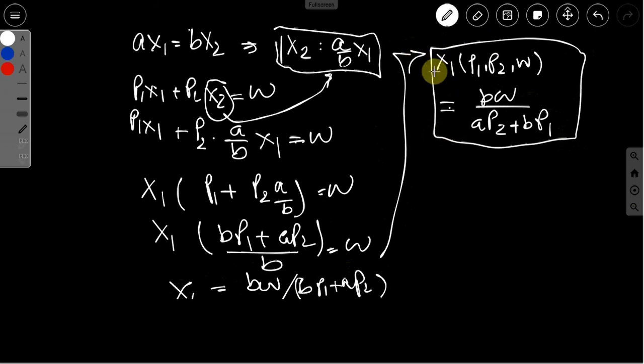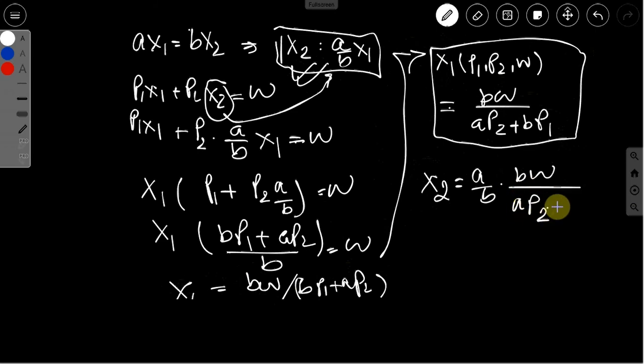Now we substitute the value of x1 in this condition to get the Marshallian demand for x2. So this is x2 equals a over b times the value of x1, bw over aP2 plus bP1.